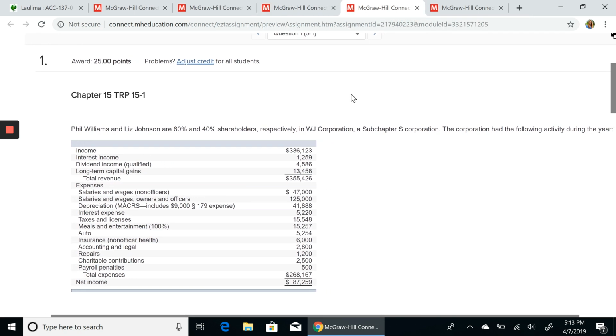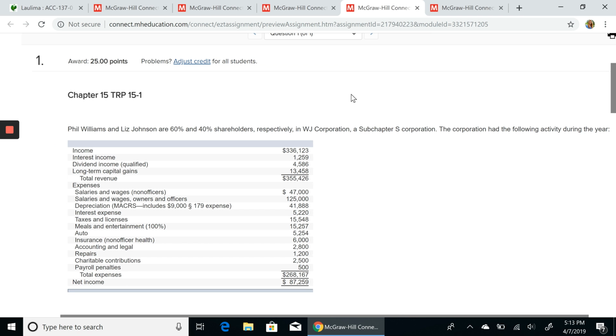So first of all, they do this simpler return first, the 1120S. The real difference here is that the second problem we're doing is an 1120 corporate return. And with the corporate return, the corporation is paying tax. It has income, expenses, and then it pays taxes.